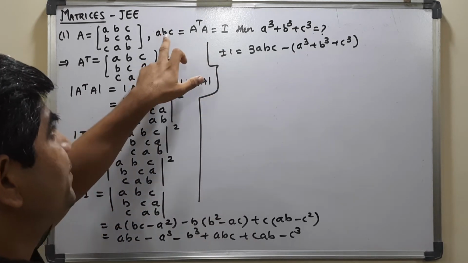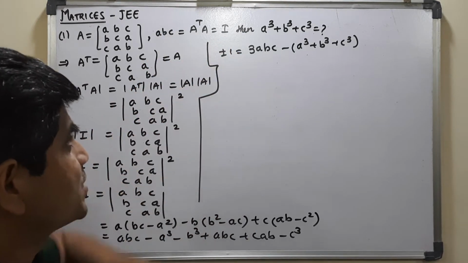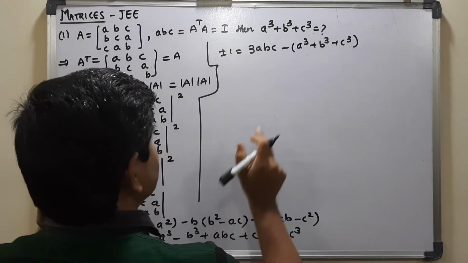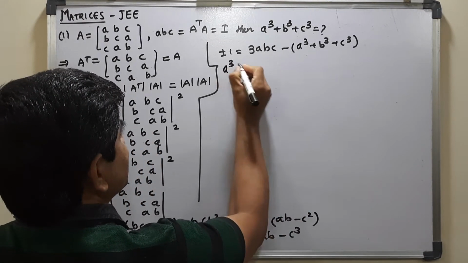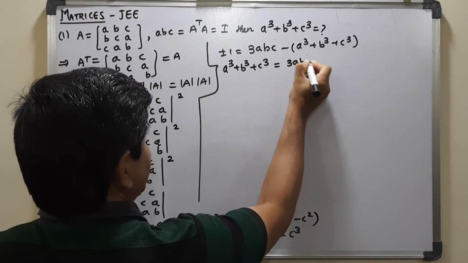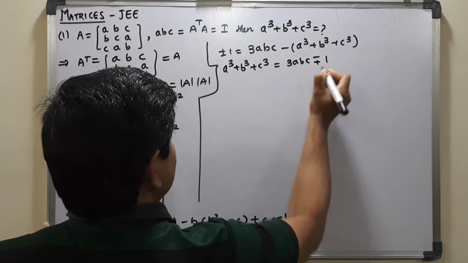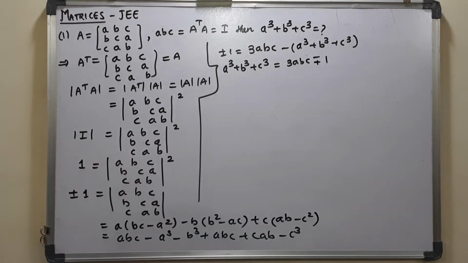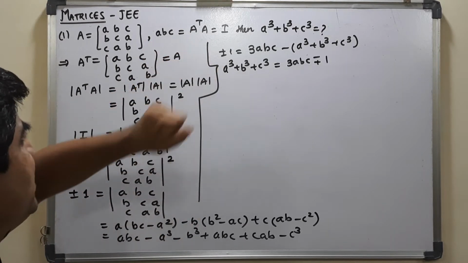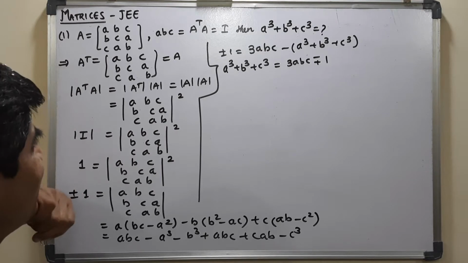So now if ABC is your identity matrix, then A cube plus B cube plus C cube is equal to 3ABC minus plus 1. Now let me see if I have my ABC. So here ABC is equal to A transpose into A is equal to identity matrix.